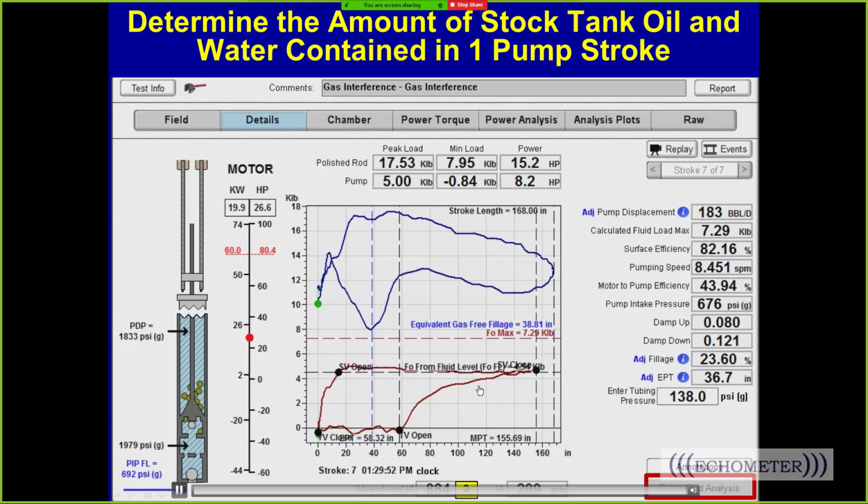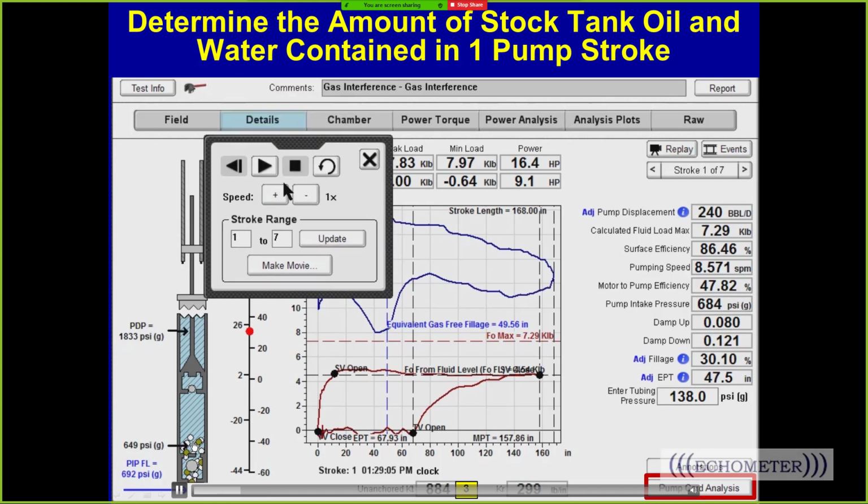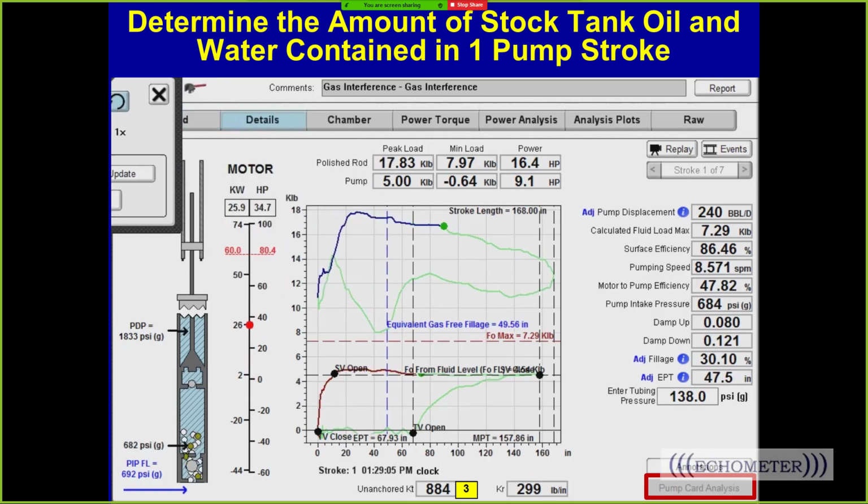So you can see over here the animation on the right-hand side, and the animation shows that there are green bubbles which represent oil and white bubbles that represent gas, and the blue represents water. We'll go through a couple more animation steps here and talk about that just a little bit.